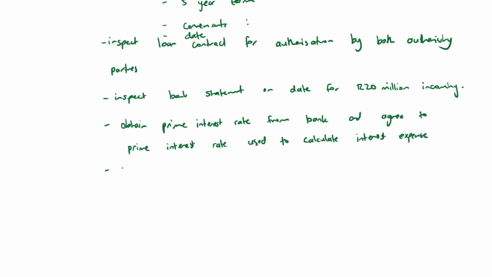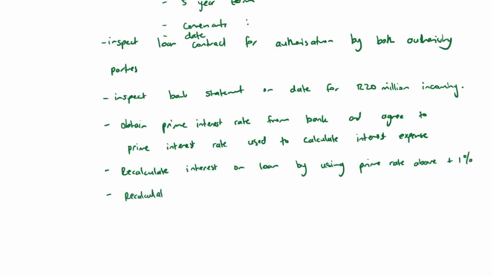Then I can go and say, recalculate interest on the loan by using the prime rate above plus the 1%. Then I can recalculate the equal monthly repayments and agree this to their calculation.